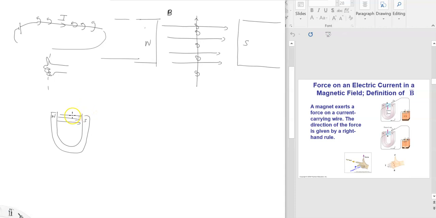The diagram is kind of in 3D, so the idea is the magnetic field is going from left to right. There's a conductor going through it. It's actually going into the book or going into the board, and this is the direction of the current. Current is I, this is B. It creates a force on this conductor. How do you find the direction of the force? Use the right hand rule.